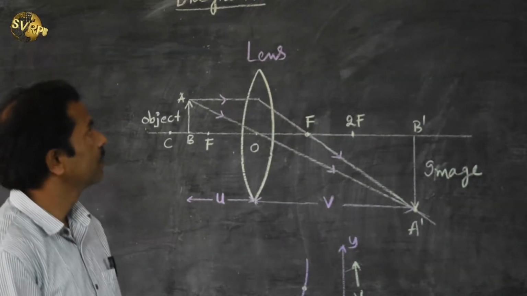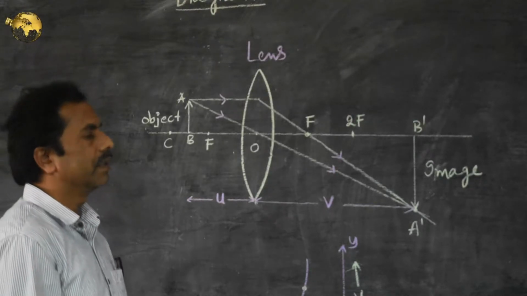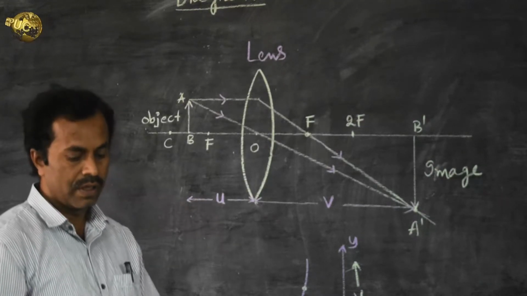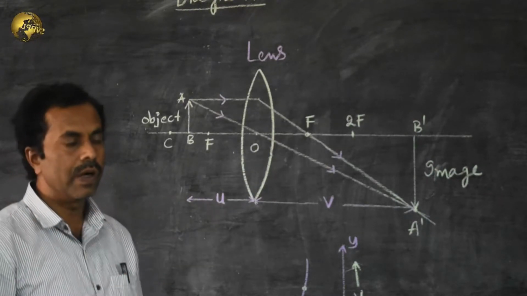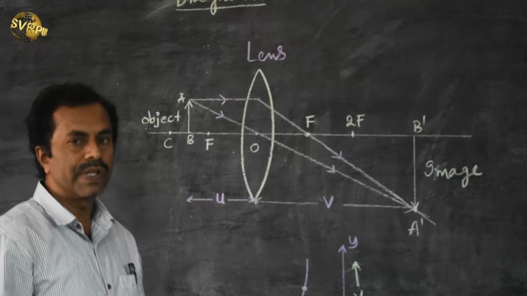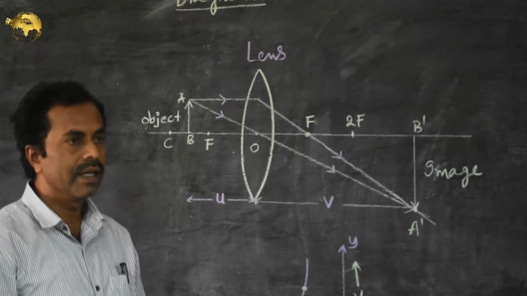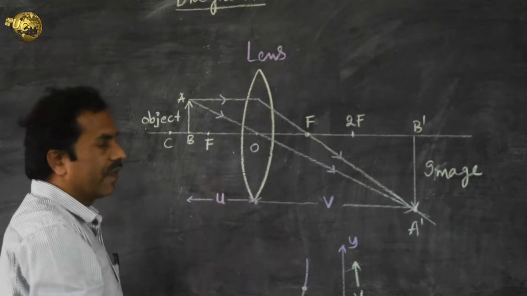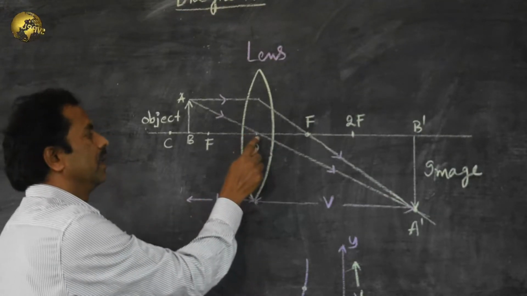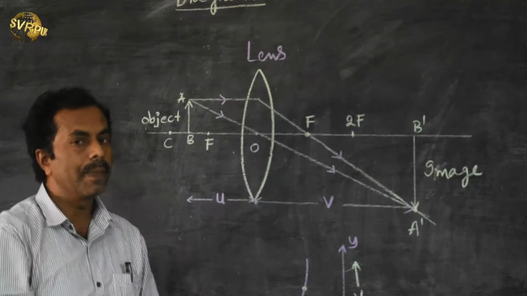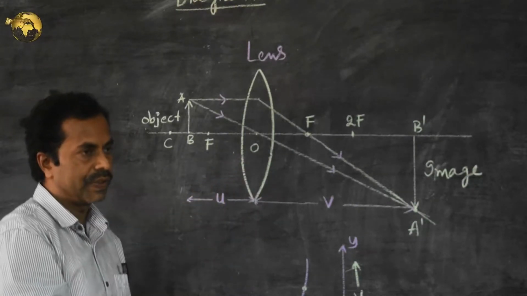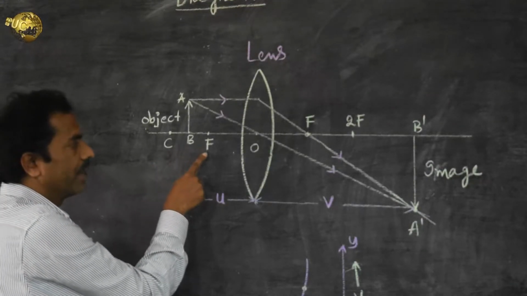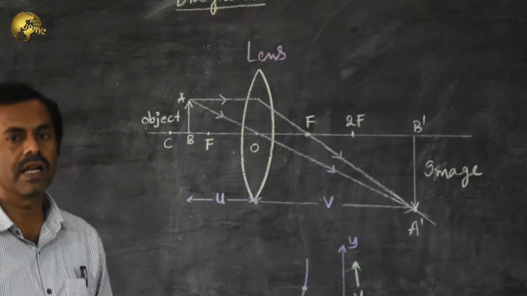Dear students, let us go through the diagram. The diagram consists of a convex lens. A convex lens is also called a converging lens. It produces a real and inverted image. The point O is called the optical center of the convex lens, C is the center of curvature and F is the focus.